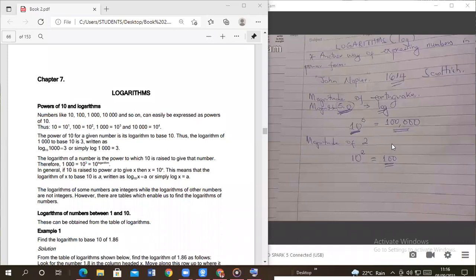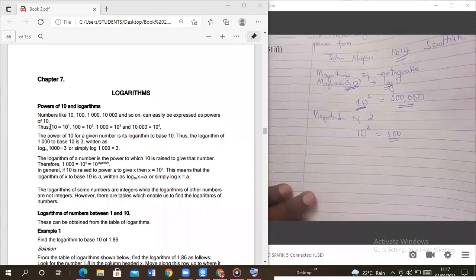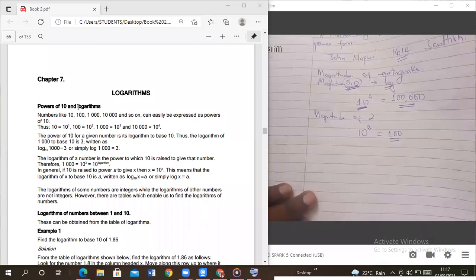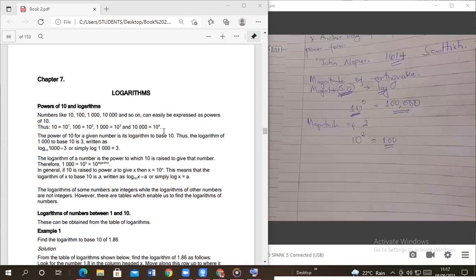That's all about logarithm. So we are saying powers of 10 and their logarithms. Like I was explaining, when we talk of large powers, expressing large numbers in standard form, we want to find a way to express numbers to the base of 10. Why the base of 10?